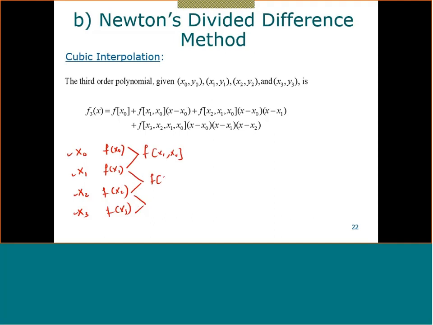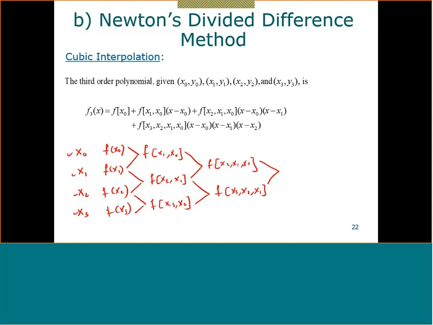This is f of x 2, x1, and this is f of x3, x2. Now I will come to what is the meaning of those. Now we'll do the same thing here. So this becomes f of x2, x1, x0, and this is f of x3, x of 2, x of 1.